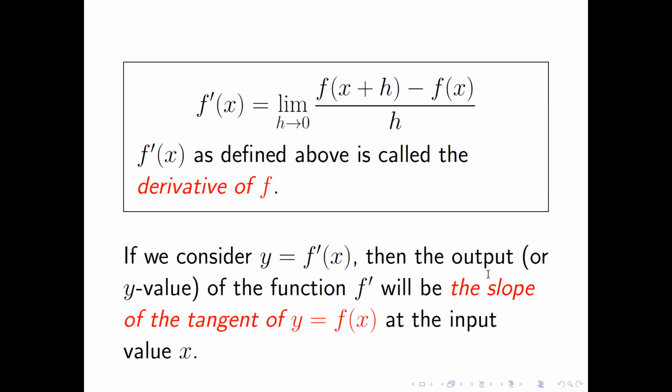Then the output or the values of this function f prime are nothing but the slope of a tangent line. One can recall that in high school, what we have learned is that the slope of a function is just the change in y over the change in x. So this is the same concept, but eventually I will use a diagram to show you what I mean.